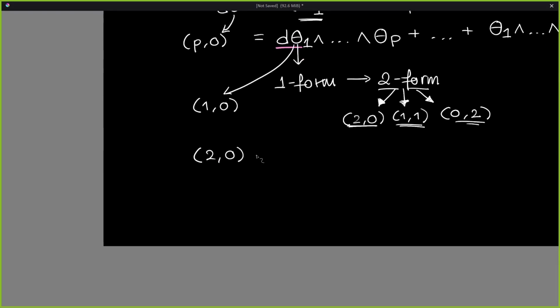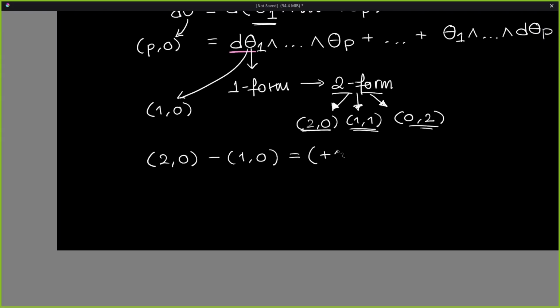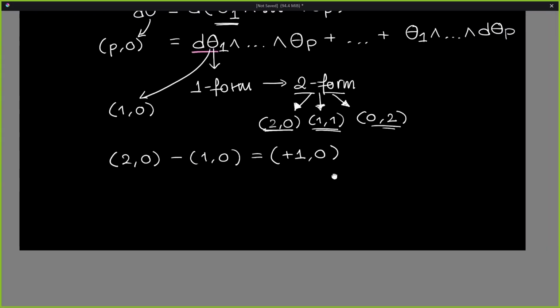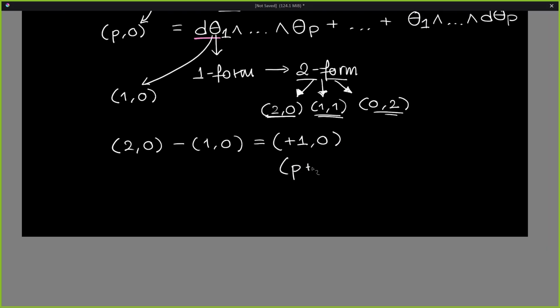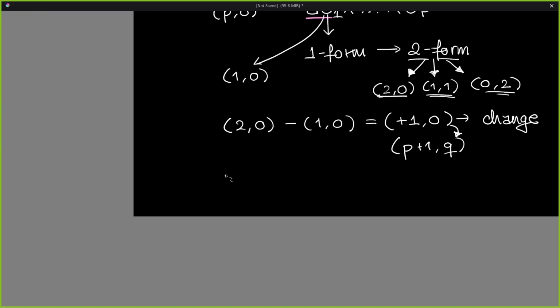We're going to get 2, 0 minus 1, 0, which is equal to plus 1, 0. So this is going to give us a P plus 1 Q form. So this is the delta, right? This is the change.